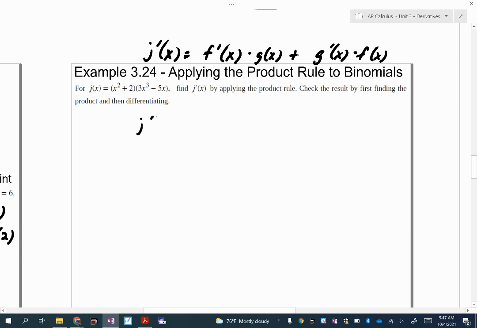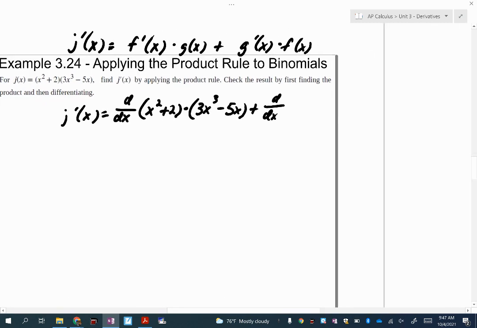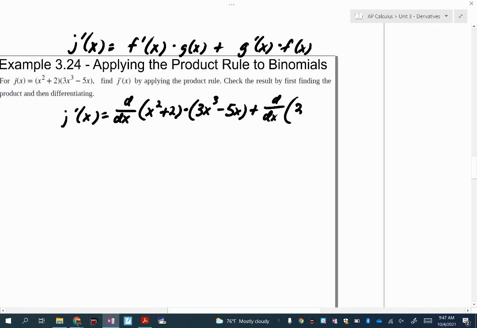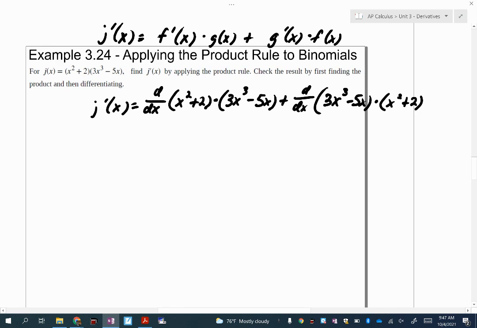That means I'm going to do the derivative, so d dx of x squared plus 2 times 3x cubed minus 5x, plus d dx of the second one, which is 3x cubed minus 5x, times x squared plus 2.